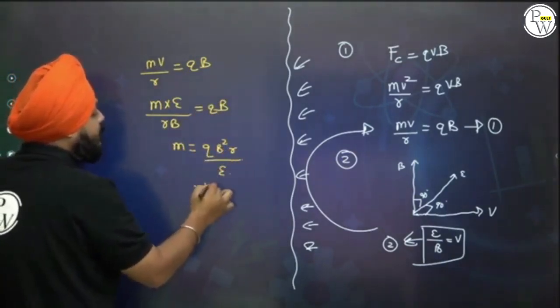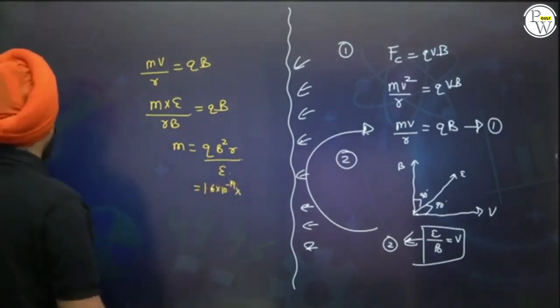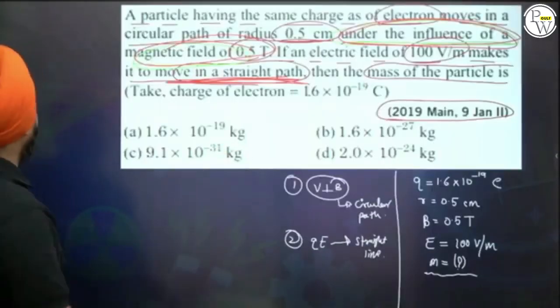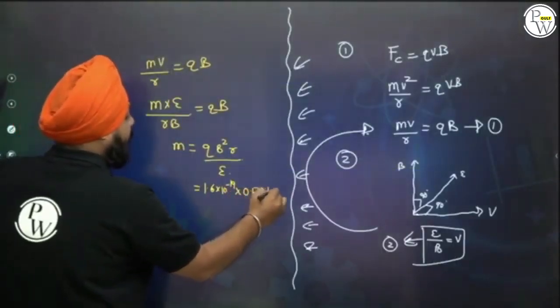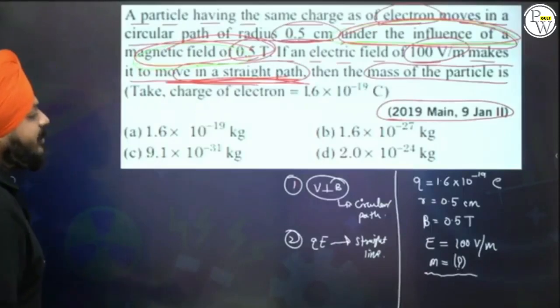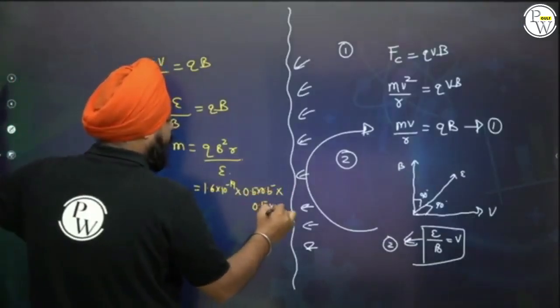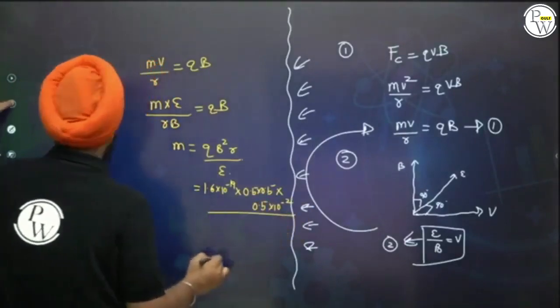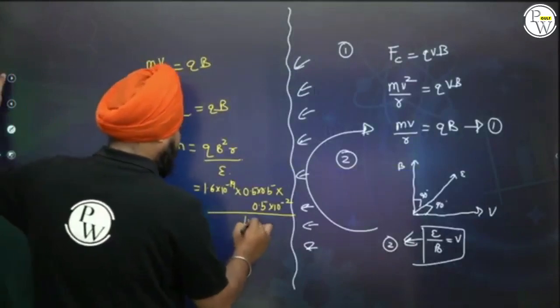The charge is 1.6 into 10 to the power minus 19, the magnetic field is given as 0.5 Tesla, so it is 0.5 into 0.5. The radius is given as 0.5 centimeter, so it is 0.5 into 10 to the power minus 2, whole divided by the electric field, which is given as 100 volt per meter.